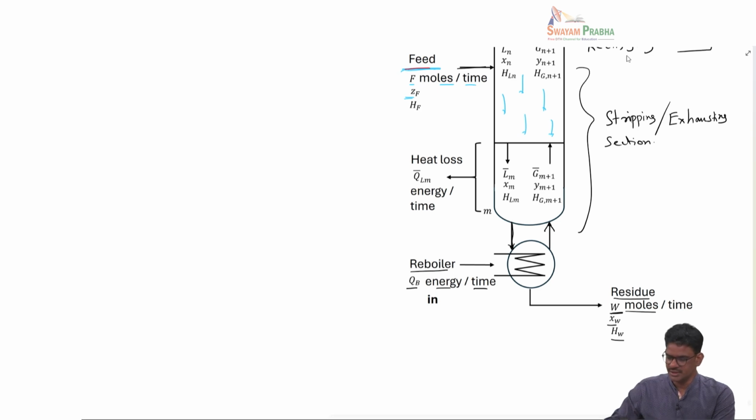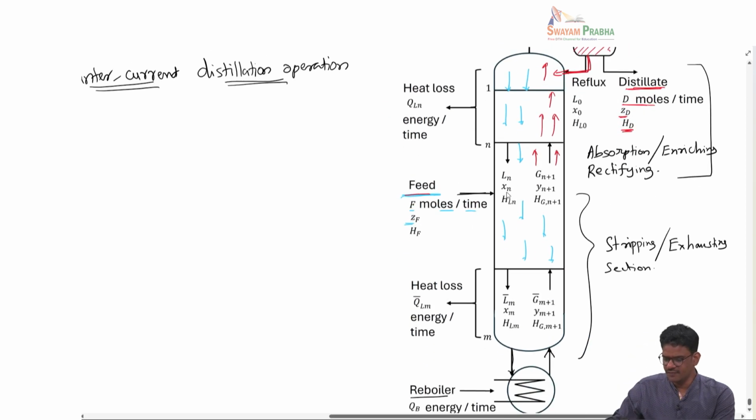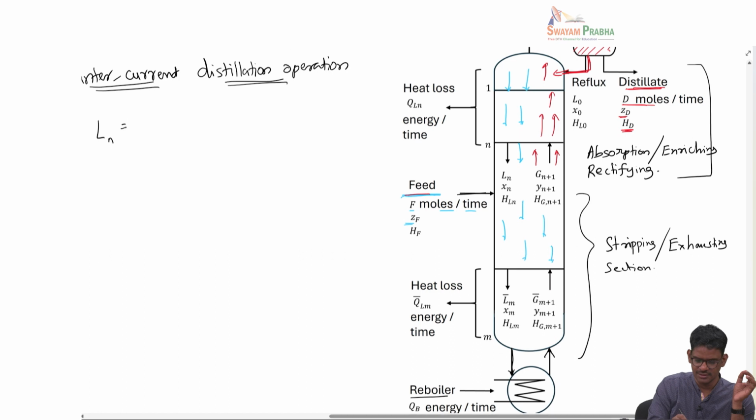Now if you also note the notation here in the column, whenever we think about a tray above the feed, we denote the liquid flow rate as L and the gas flow rate as G. And since there may be small variation between the trays, we also give an indication of which tray it is coming from. So we use this Ln and Gn. Ln would be the molar flow rate of liquid from nth tray.